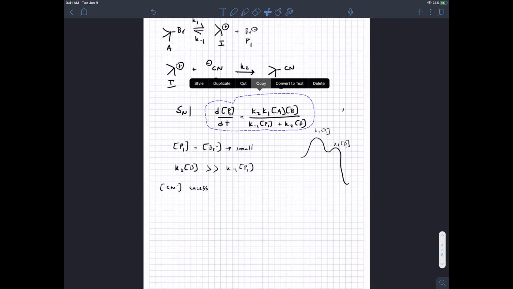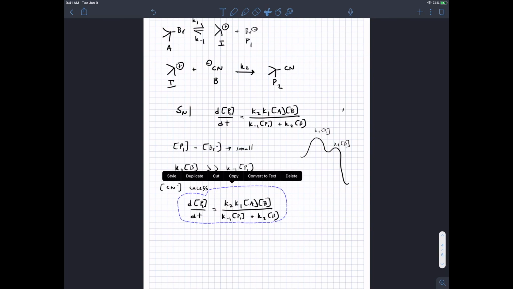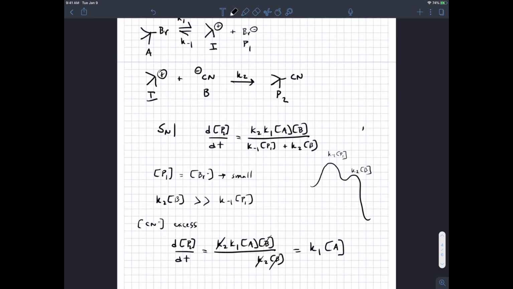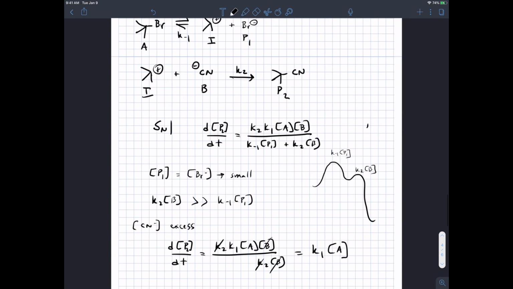If that's the case, then we forget about the P1 term, and then the dependence on that second step at all falls away, and you're left with the conventional rate expression for the SN1 reaction, which is that it only depends on the rate of the leaving group leaving and the concentration of your starting material. Okay?